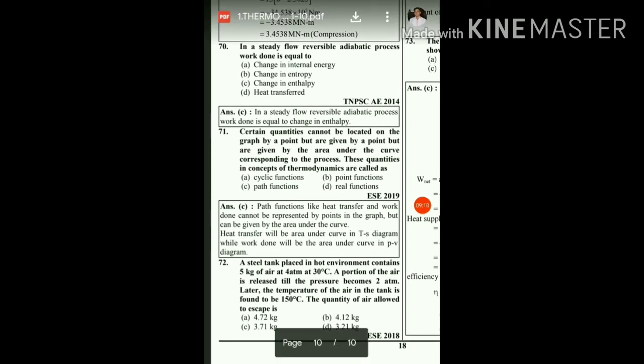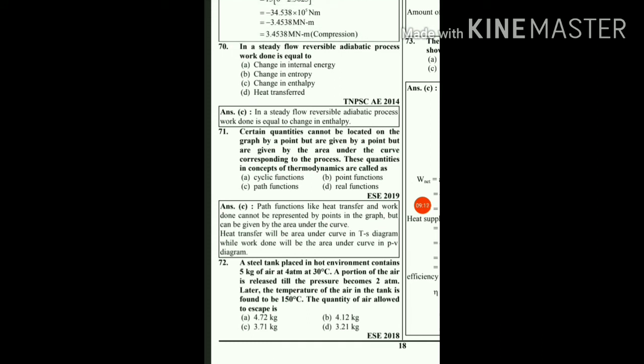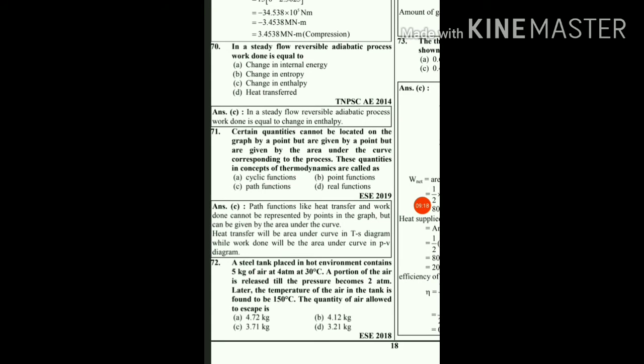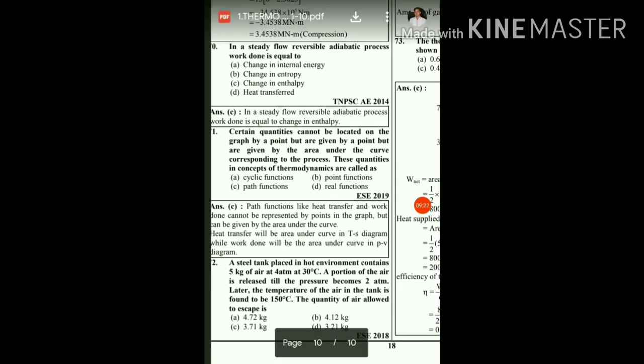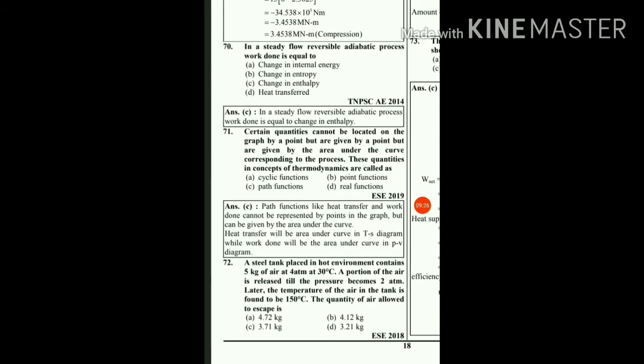Suppose, for example, a closed system executes a cycle; in that case the area under the curve on a PV diagram gives us the work done. If you plot a process on a TS diagram, the area under the curve gives us the heat transfer. So both heat as well as work are path functions.